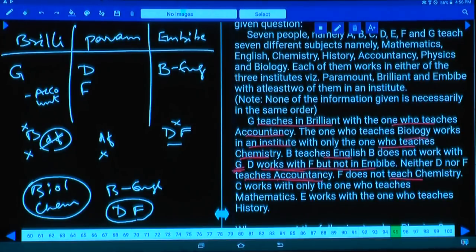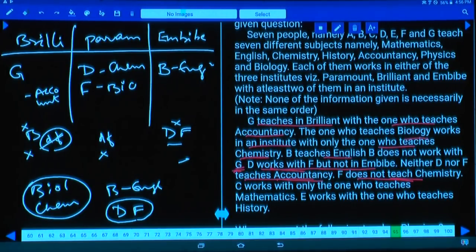Neither D nor F teaches accountancy, so it cannot be Brilliant. F does not teach chemistry, so D must teach chemistry and F must be biology. Because English is there, chemistry and biology cannot be in Brilliant; they must be in Paramount, out of which F does not teach chemistry, so F is biology and D is chemistry.